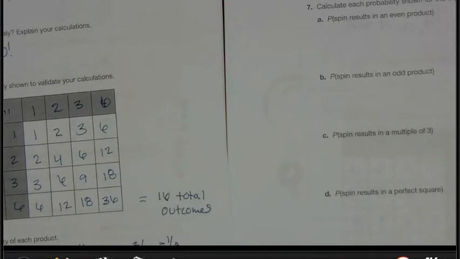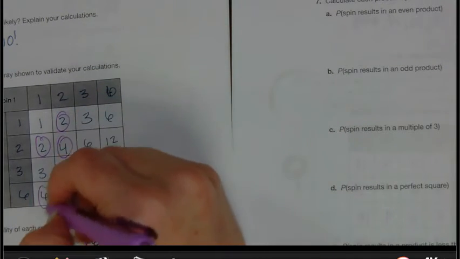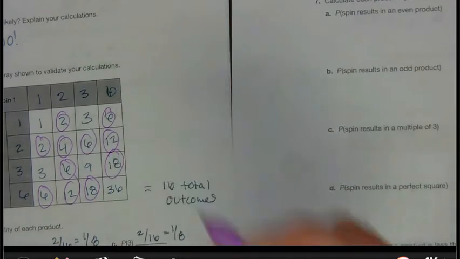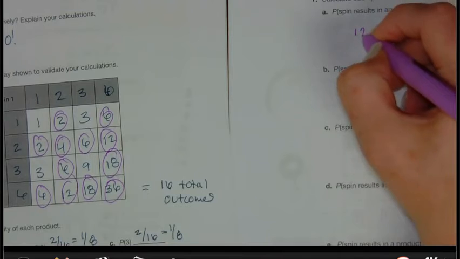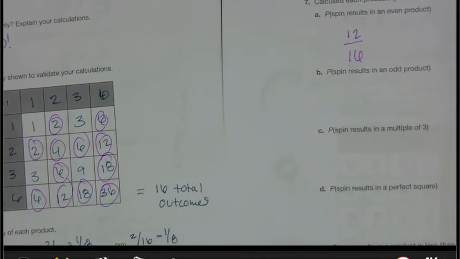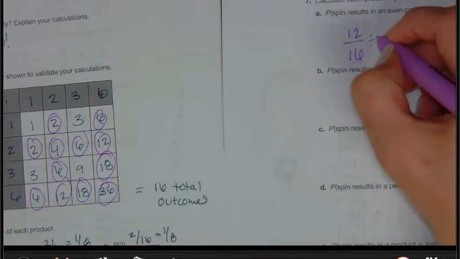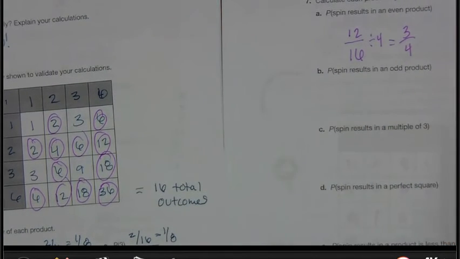So 2, I have it 1, 2, 3, 4, 5, 6, 7, 8, 9, 10, 11. And 36 is 12. So out of 16 total, 12 of those are going to be even. Well, 12 and 16 can reduce by 4, which would be 3/4 should be an even product.